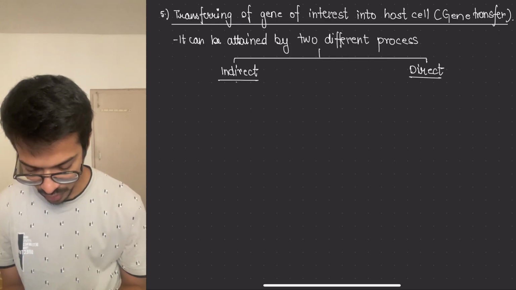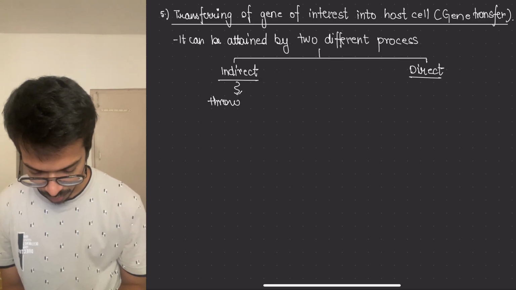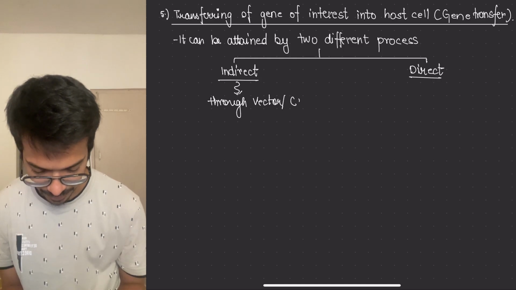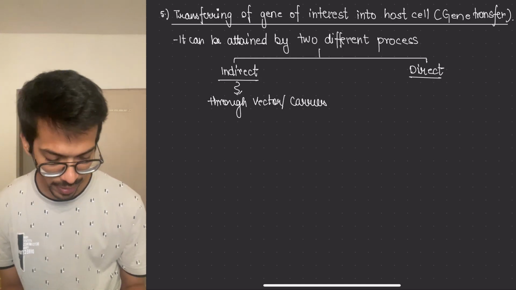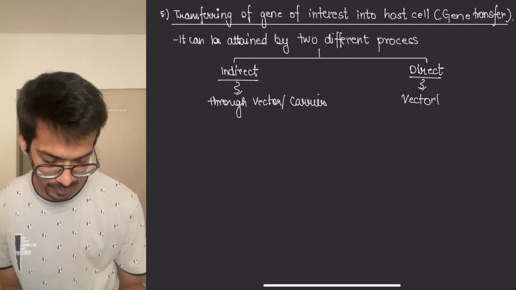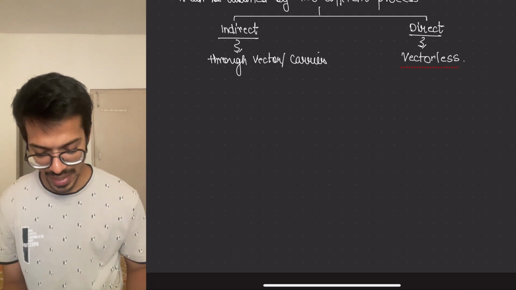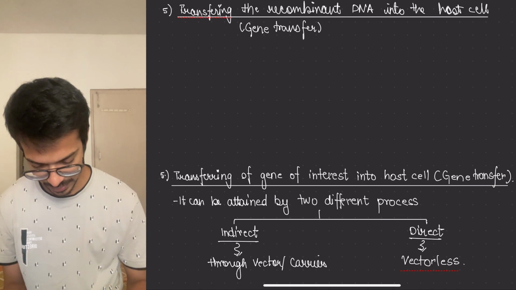Now the indirect would be what? Through vector or carrier, and direct would be what? Vectorless. So one by one we're going to be seeing the direct and the indirect method.